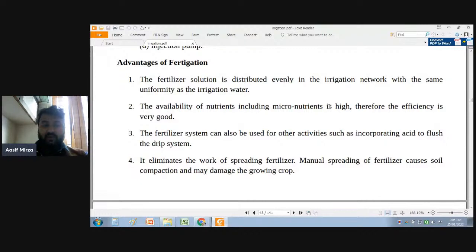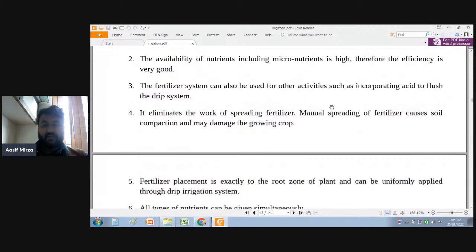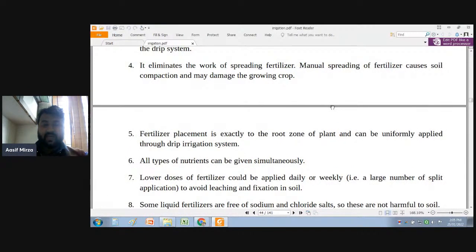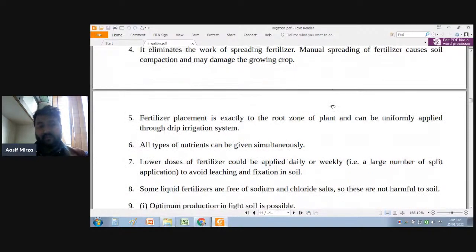It eliminates the work of spreading fertilizer. Manual spreading of fertilizer causes soil compaction and may damage the growing crops. Fertilizer placement is exactly at the root zone of the plants and can be uniformly applied through the drip irrigation system. All types of nutrients can be given simultaneously.